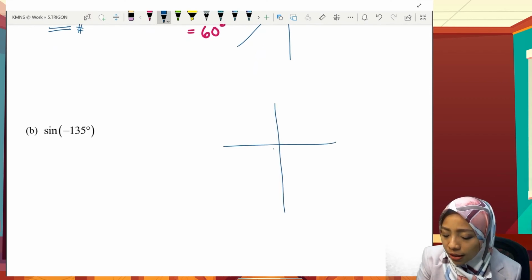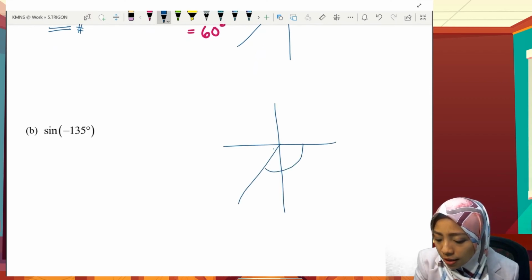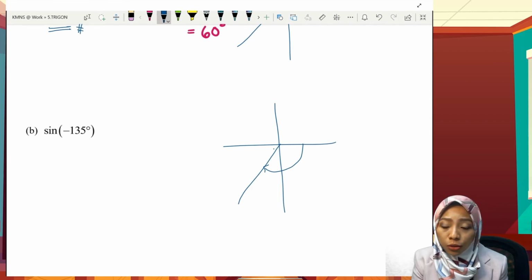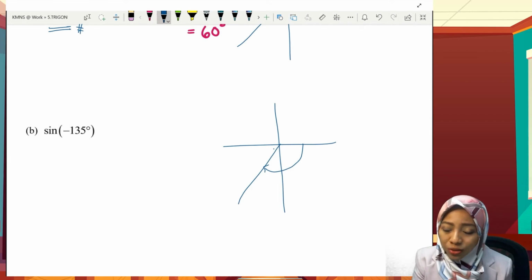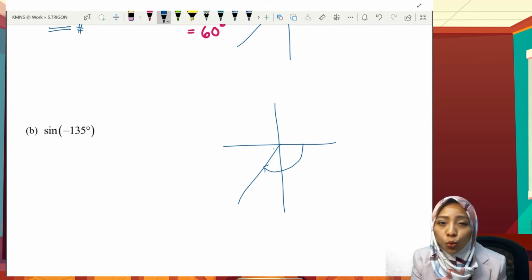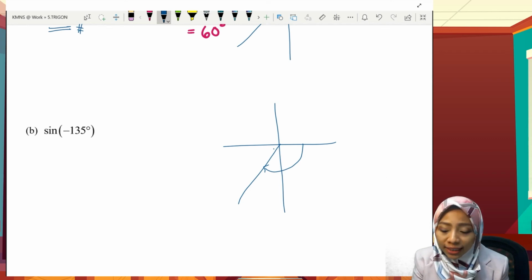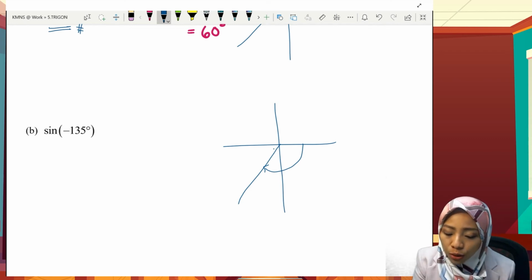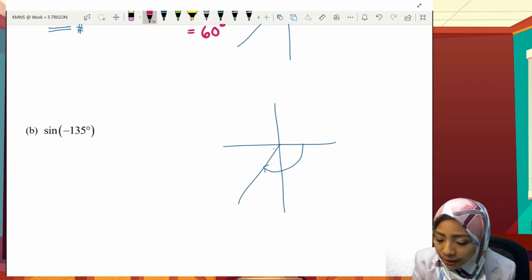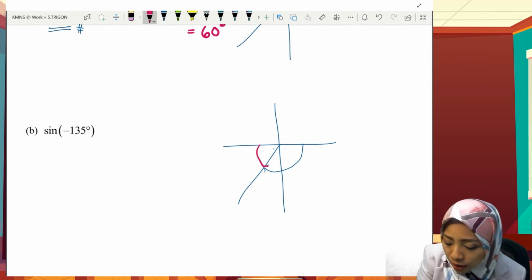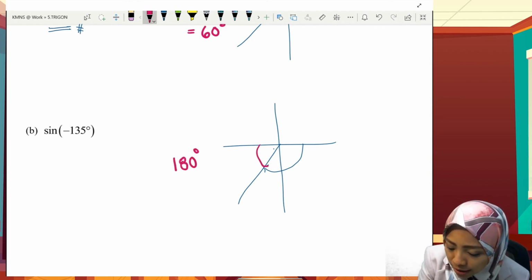Sin negative 135 is in the third quadrant as well, because it's between 90 and 180. Again, we want the acute angle, so we want here. So 180 minus 135 gives us 45.